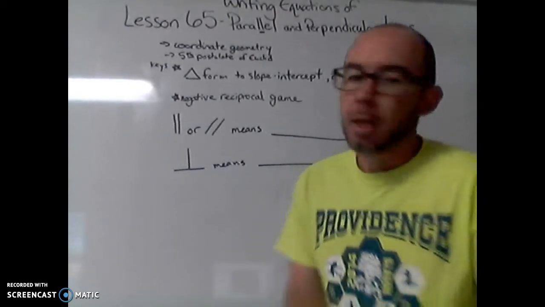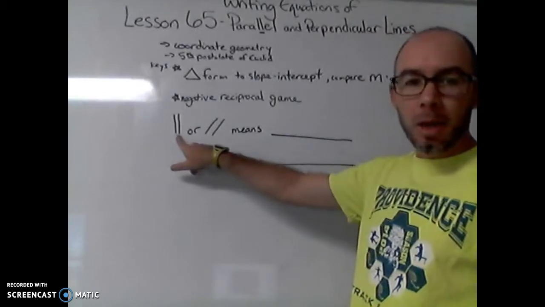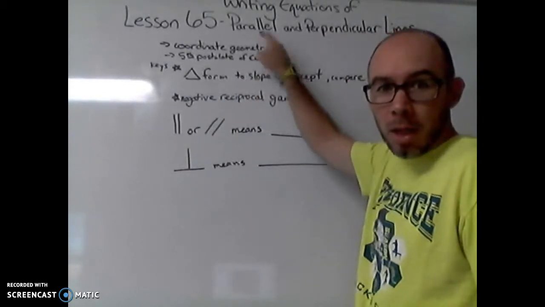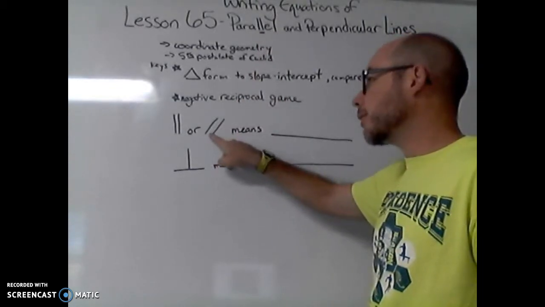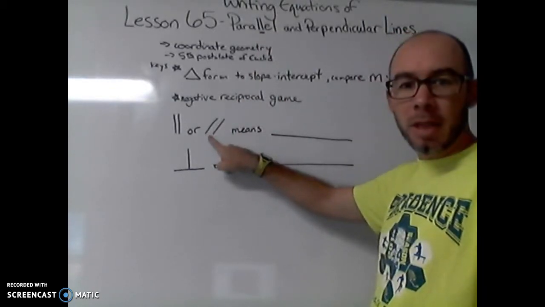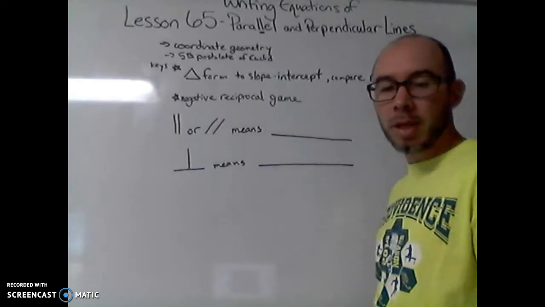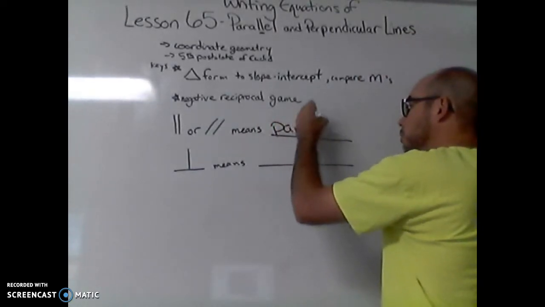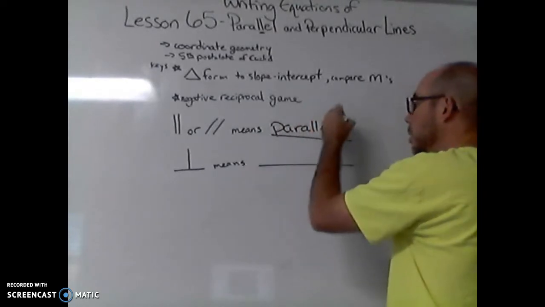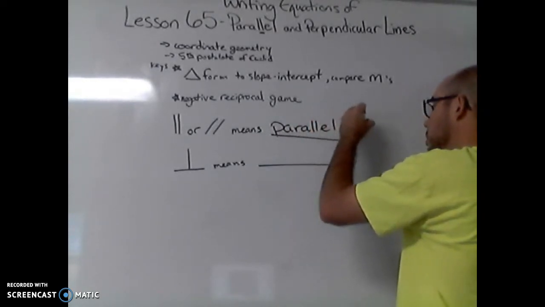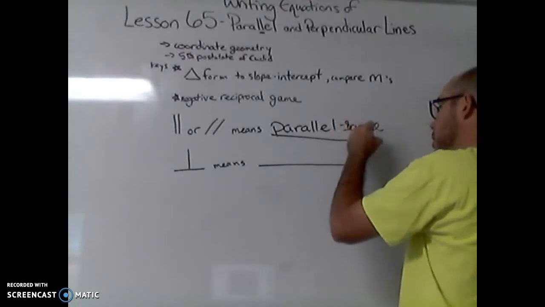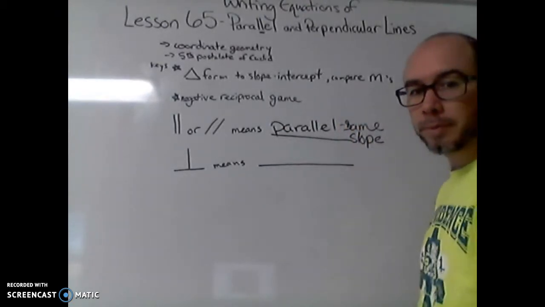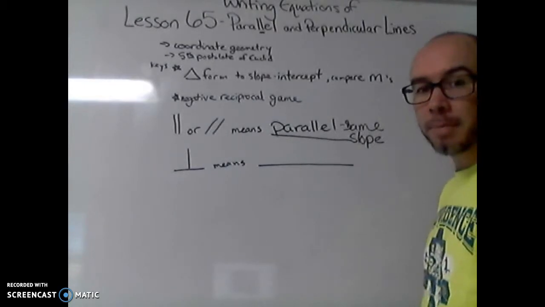Notation. Parallel. You're going to have two vertical lines like the L's in parallel. Or, as I've often done it, two kind of slanty lines, but they're the same slope. So that means parallel. And parallel means same slope. Identical slope, same M's.